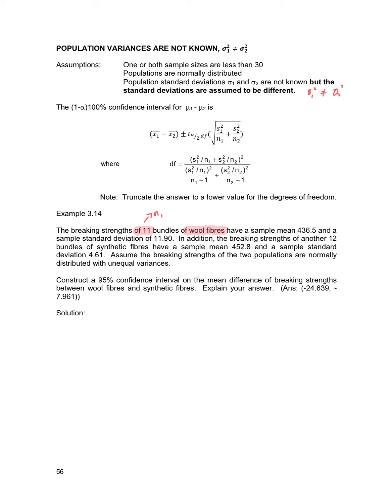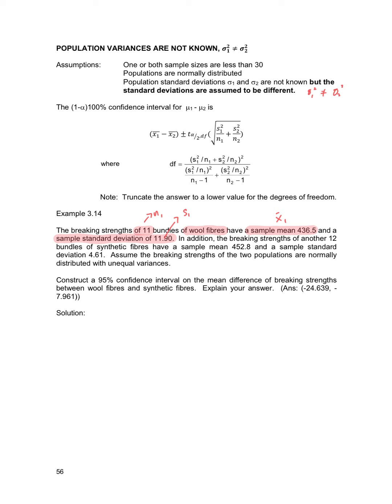Then we have the sample mean for the 11 wool fibers, this is x bar 1, 436.5, and sample standard deviation of 11.9, this is our S1. Sample standard deviation is S.